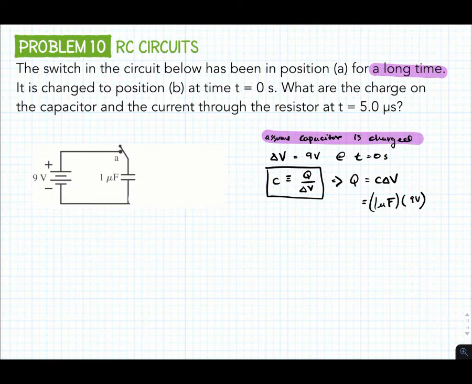You can write this as 1 times 10 to the negative 6 farads, but you don't need to, because 1 times 9 gives you 9 times 10 to the negative 6, which is 9 microcoulombs, because remember, a farad is coulombs per volt. So your initial charge is 9 microcoulombs. Your initial voltage at t equals 0 is 9 volts.